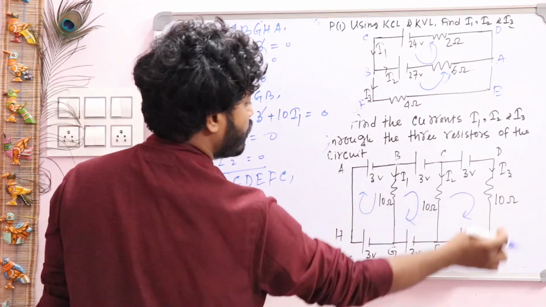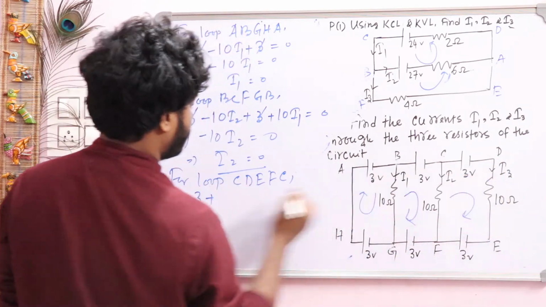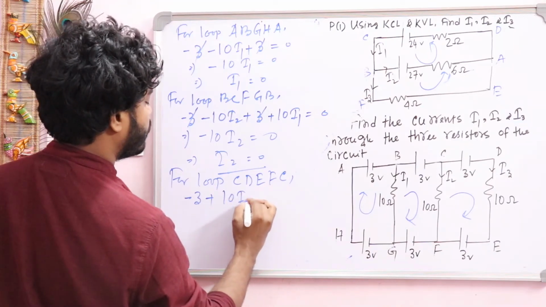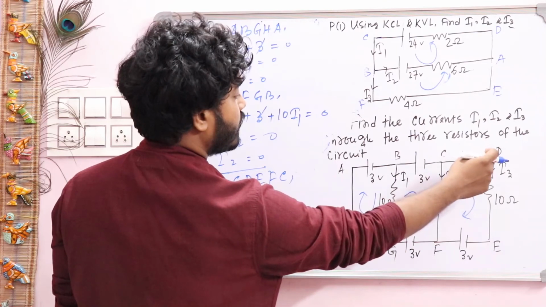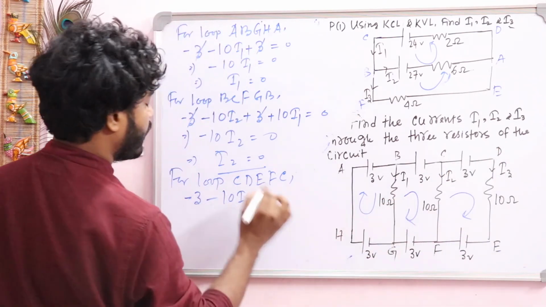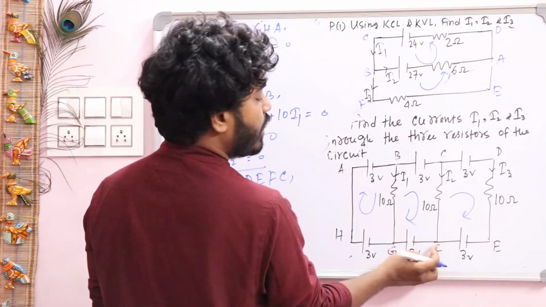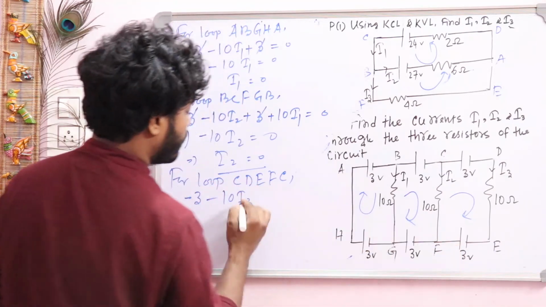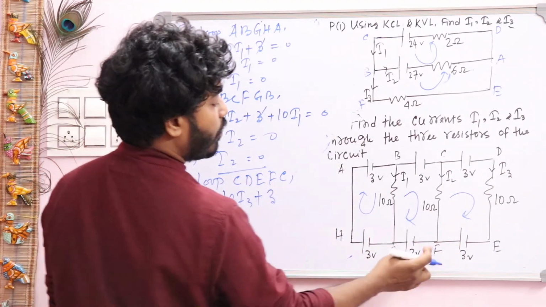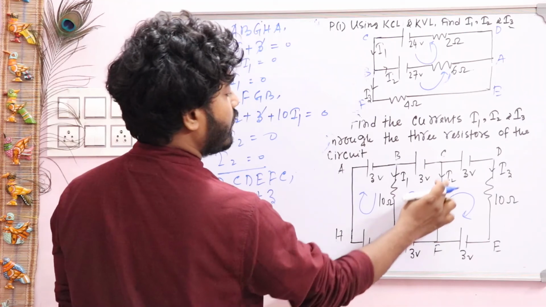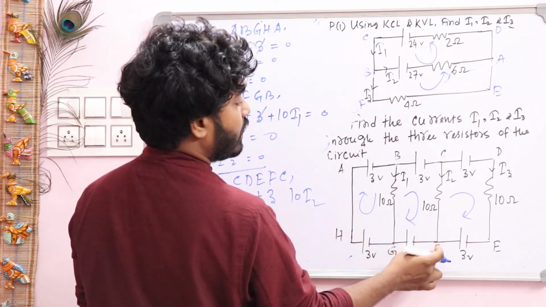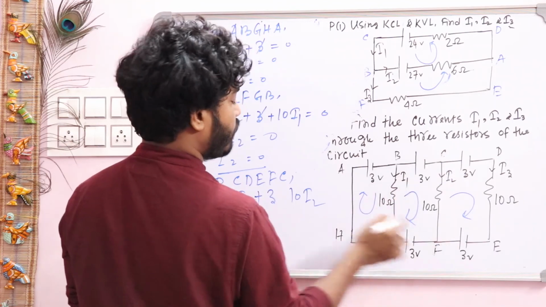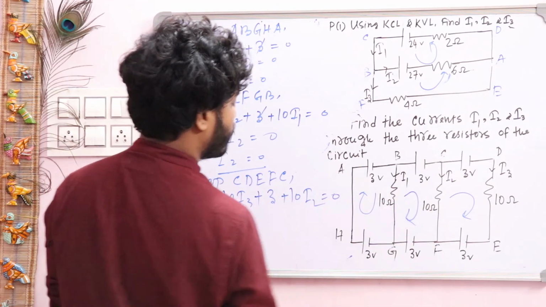Now D to E, 10 into I3, and you just see the sign: your direction D to E, current directed also D to E, so this sign will be negative. Now E to F, negative to positive, that is +3. Now F to C, 10 into I2, but your direction F to C, current directed C to F, that is plus, is equal to 0.